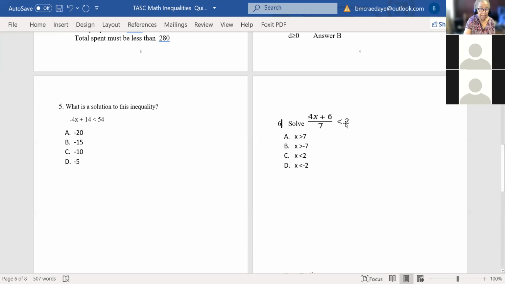And then if that's a 14, you subtract the 6 from it. That was an 8. 4x less than 8. And then you divide it by 4. And 8 divided by 4 is 2. Plus 2 because you didn't have a negative. All right. Wonderful. So you got that one right.